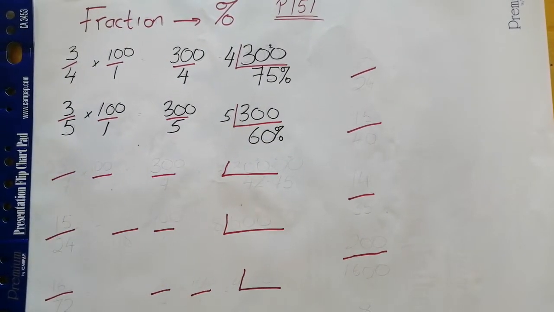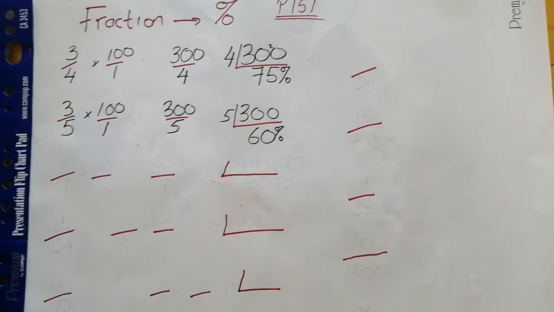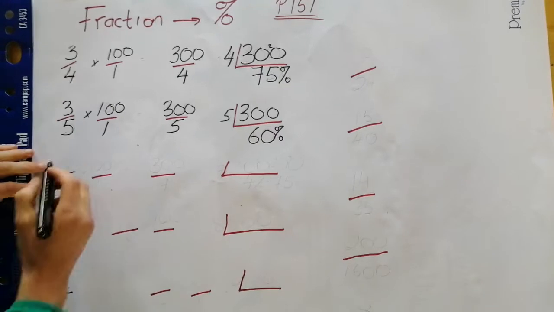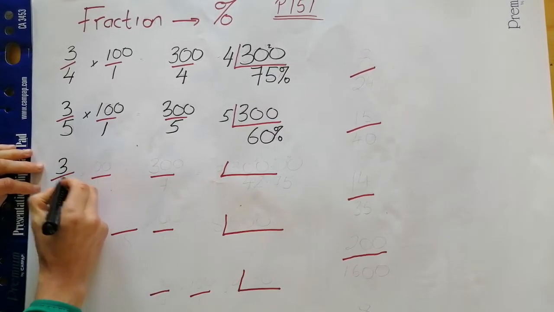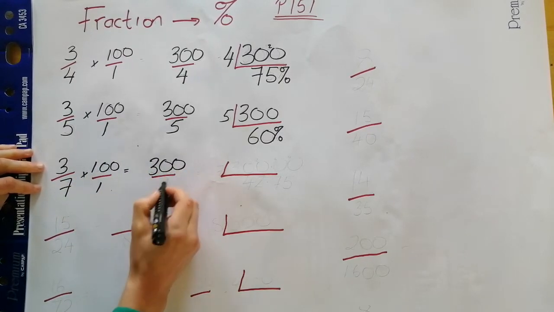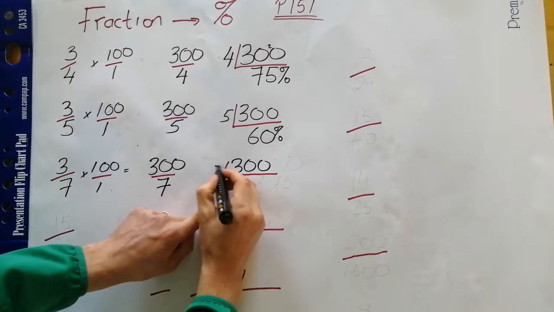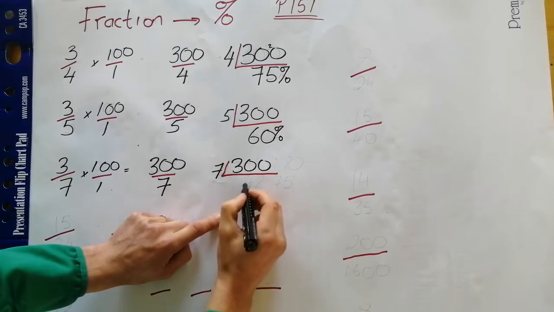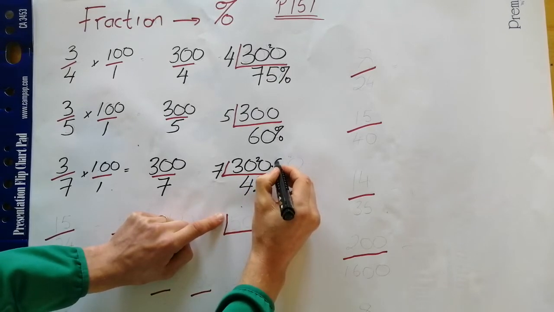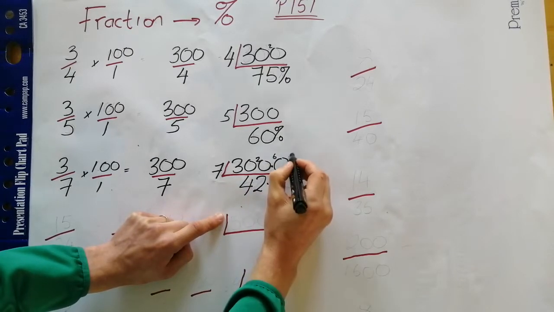Alright? I'll do an irregular one now that you won't know, because you know our quarters, fifths, eighths, tenths, 20ths, 25ths, we know all them. This is just in case you come across a tricky one, like a 7th. So 3 over 7 by 100 over 1, which is 300 over 7, which is, that goes in 4 times, 2 left over, okay, decimal point, we've got 6 left over, that goes in 7 times, 4 left.